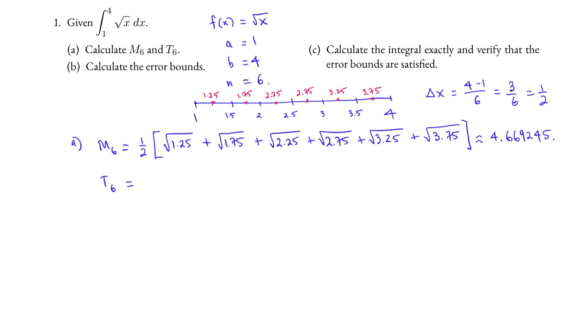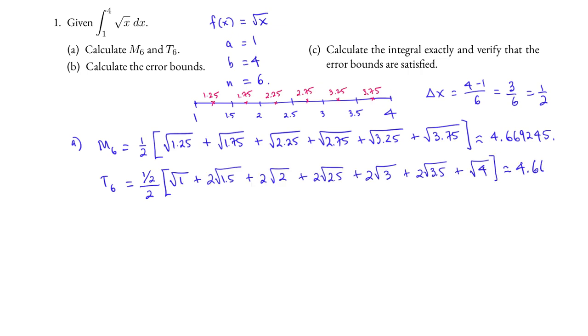The trapezoid rule estimate takes delta x, which is 1/2, divided by 2, times f of x0 plus 2 f of x1 plus 2 f of x2 plus 2 f of x3 plus 2 f of x4 plus 2 f of x5 plus 1 f of x6. This is approximately 4.661488.